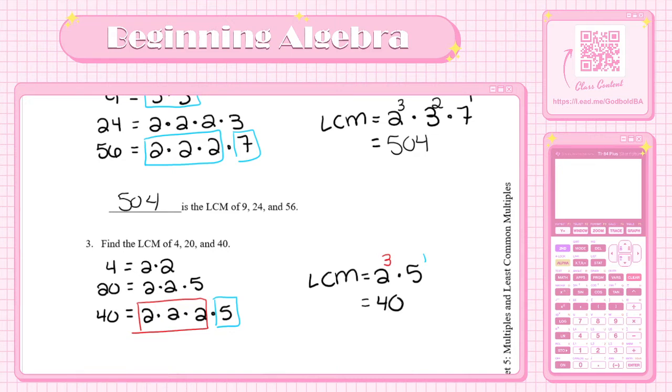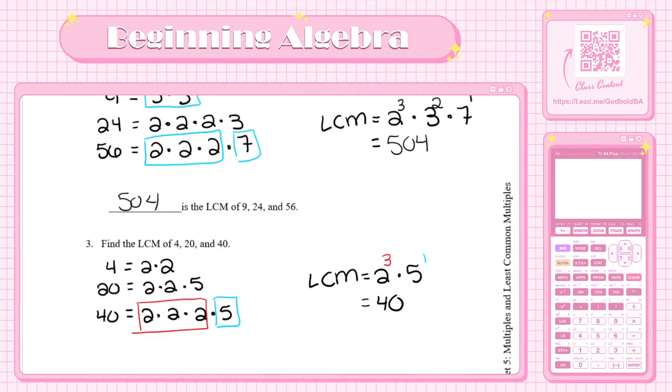Now notice once again we boxed in one number completely, and we fully boxed in the number 40 and not the numbers 4 or 20. Now the reason what happened with this was actually kind of special. 40 is a multiple of 4 and 40 is a multiple of 20. So whenever you have 3 numbers where one of the numbers is a multiple of the other, so let's just think of it as 2.